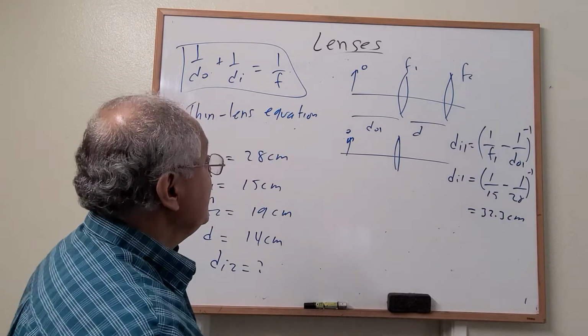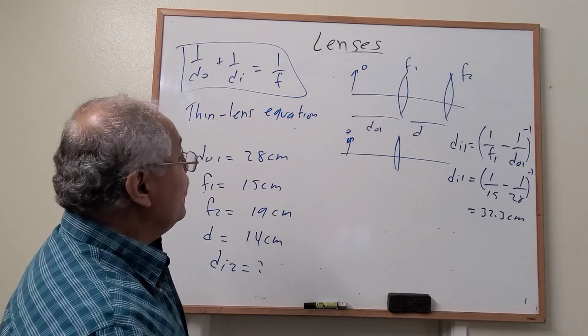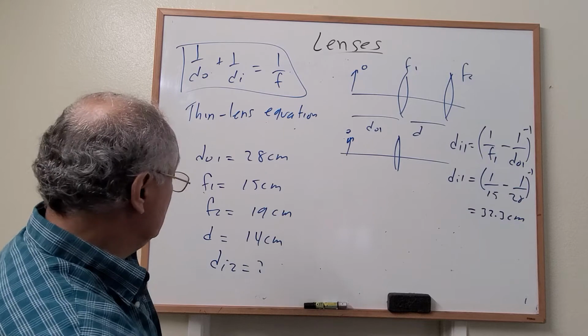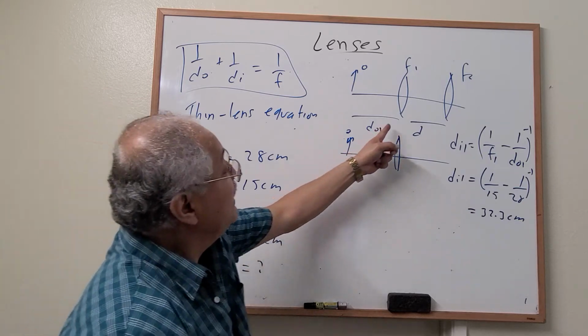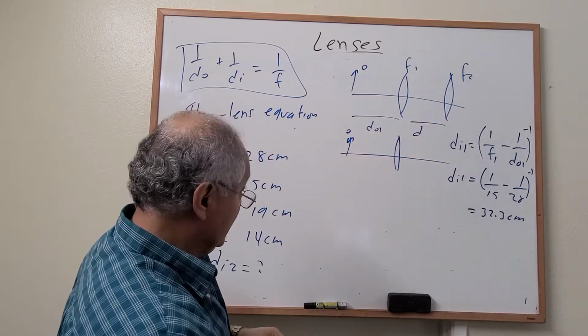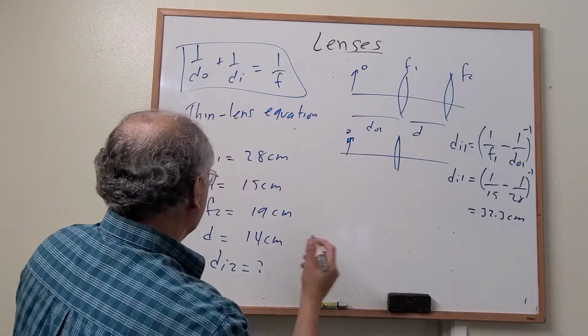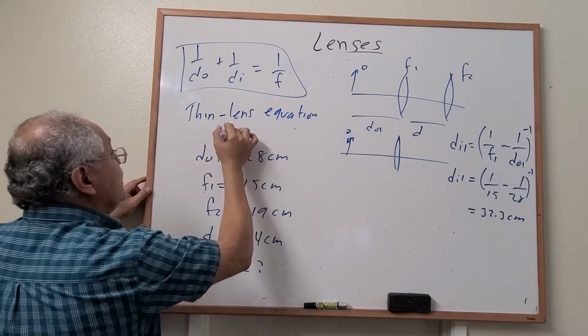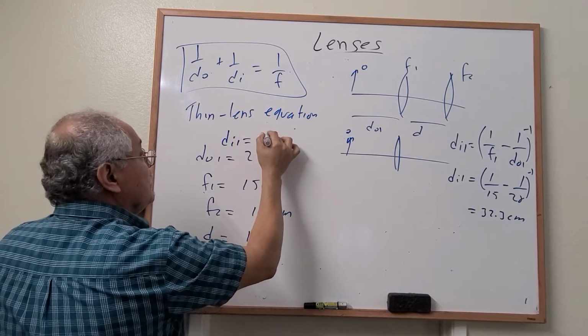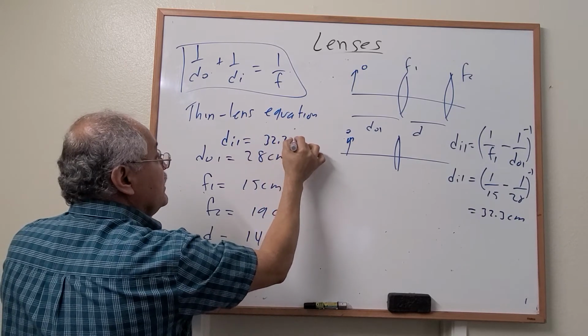Now this quantity di1 equals 32.3 centimeters.